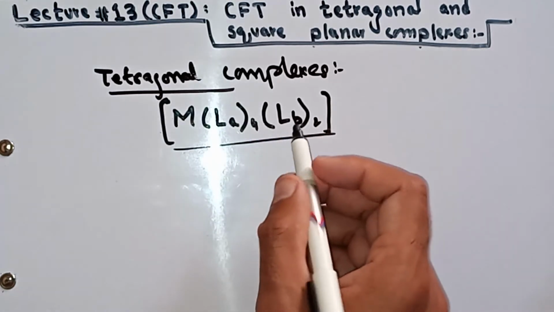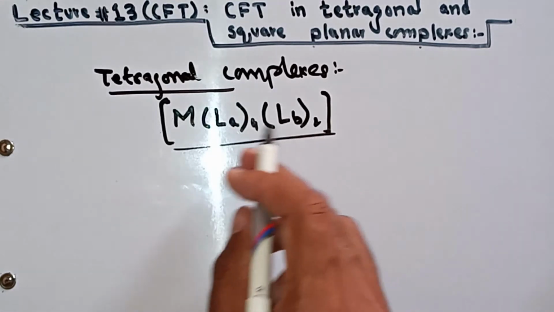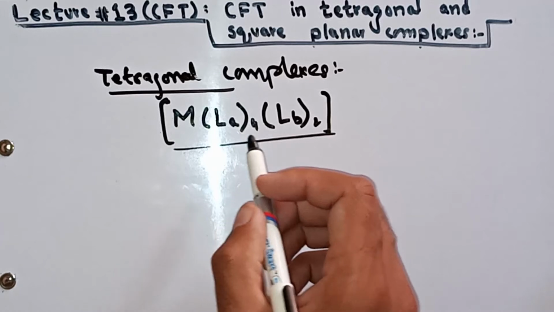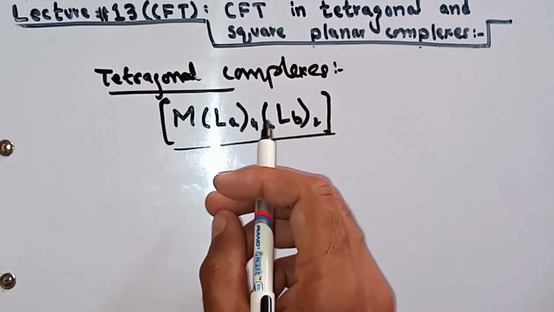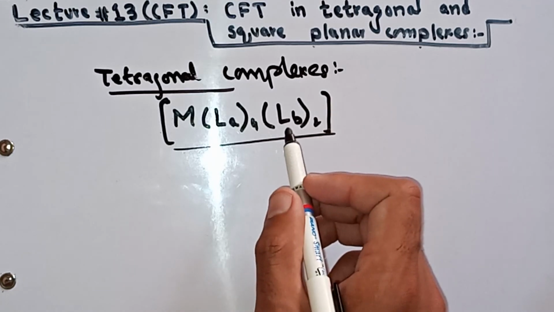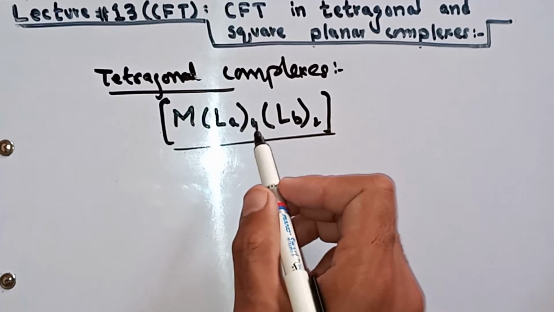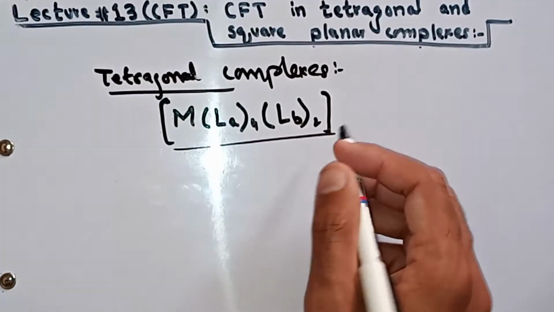It means that either La will be the strong ligand or Lb will be the strong ligand. One will be strong and one will be weaker. When two ligands are stronger and four ligands are weaker, a tetragonal complex will be formed. Or when two ligands are weaker and four ligands are stronger, then also a tetragonal complex will be formed.